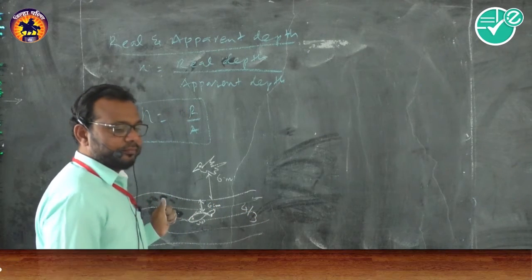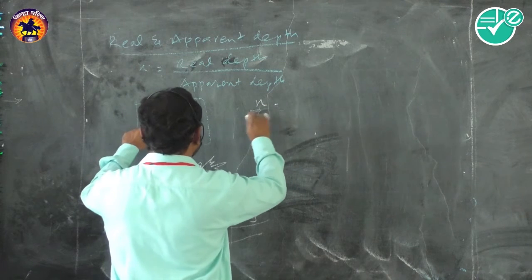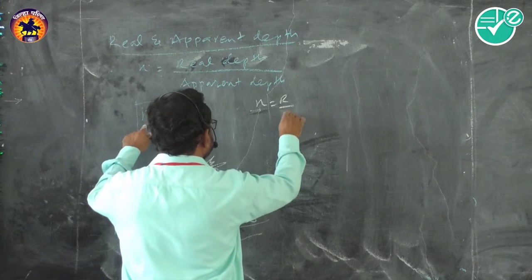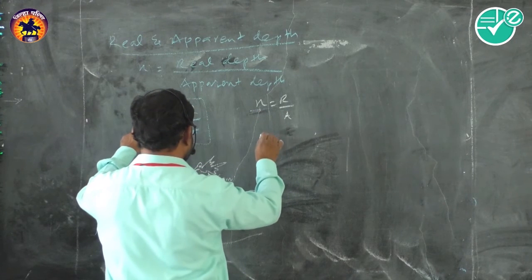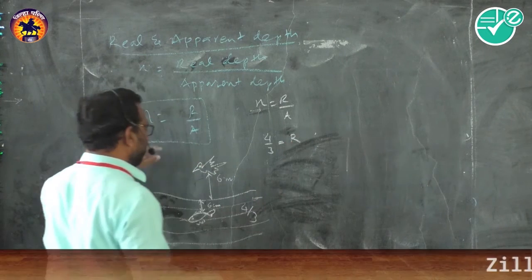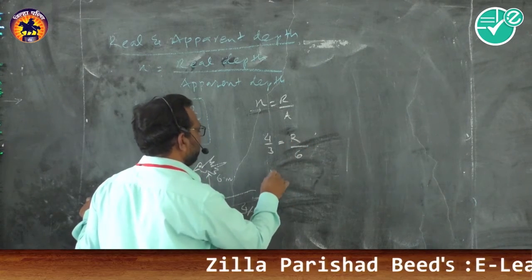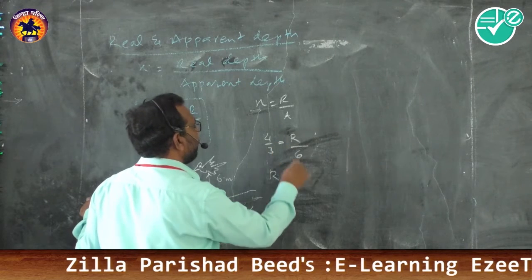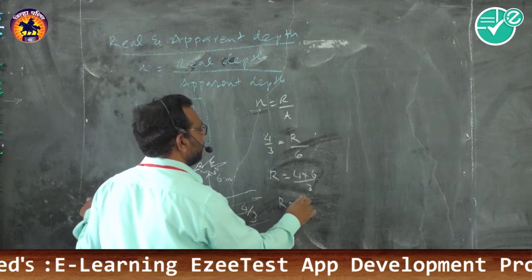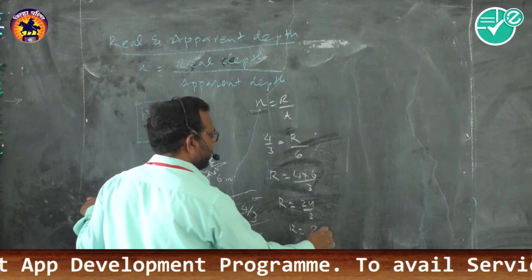According to the formula, n is equal to R upon A, where n is the refractive index 4 by 3, and we have to calculate the real depth of this fish, which apparently looks like 6 centimeters. So R is equal to 4 into 6 divided by 3, R is equal to 24 divided by 3, R is equal to 8 centimeters.